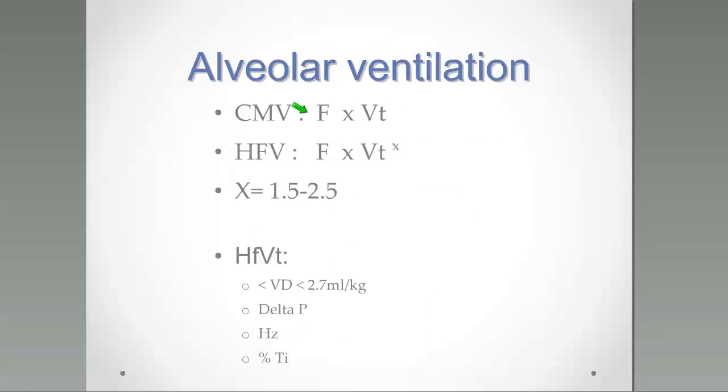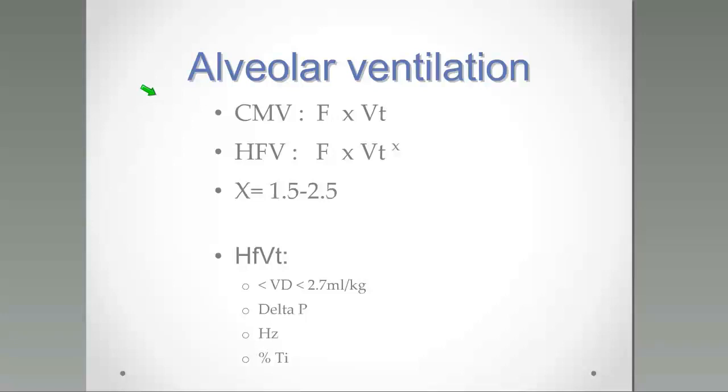So in summary, remember that alveolar ventilation is related to tidal volume and frequency. During conventional mechanical ventilation, the physiological way of breathing, the frequency and the tidal volume are the most important variables to ventilate. But during high frequency ventilation, the tidal volume is even more important, even if the tidal volume is lower than the anatomical dead space.